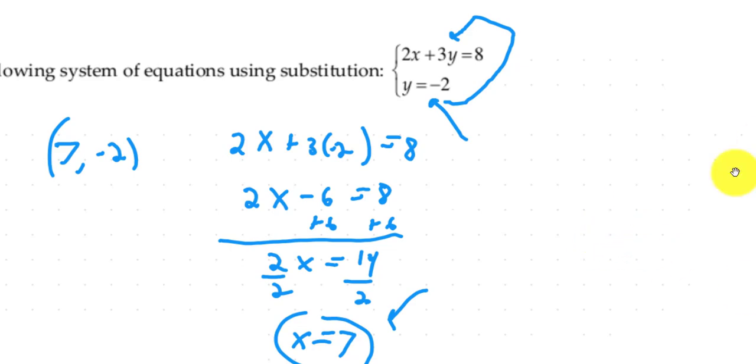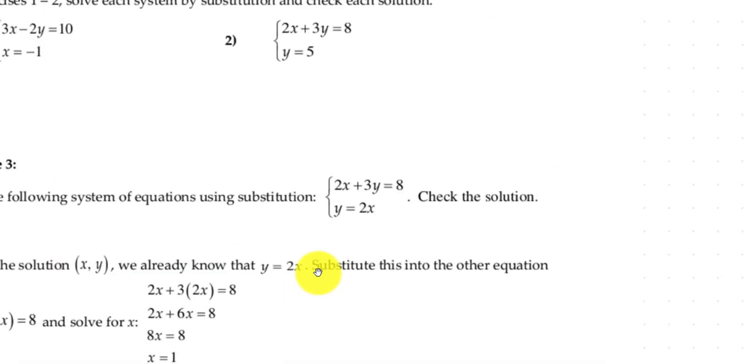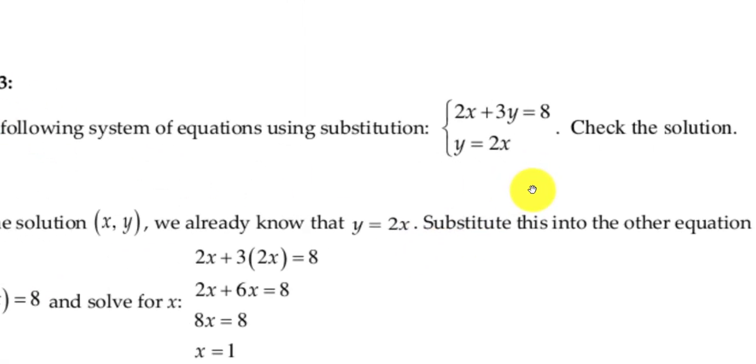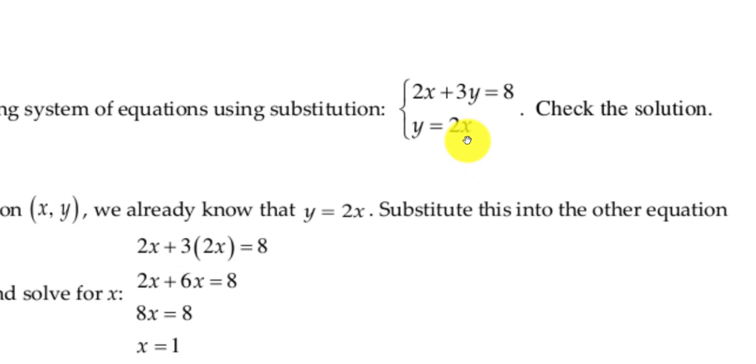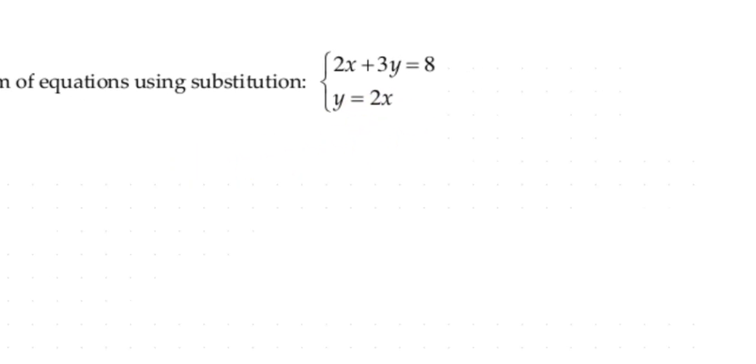Let's try another problem. If we look on the next page, all of a sudden, instead of having the variable equal a number, in example 3, instead of y equaling 2, we have y equals 2x. So that's a little bit different than what we're used to. Let's try this problem using the same technique.